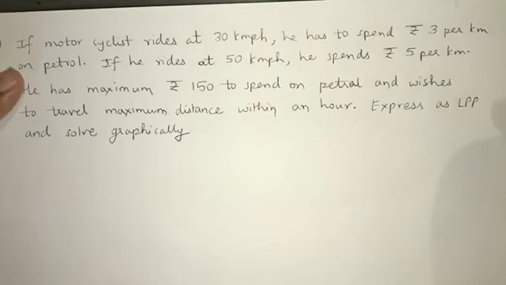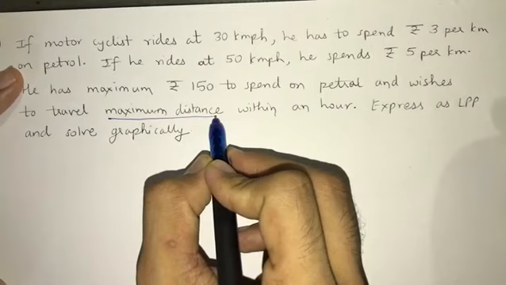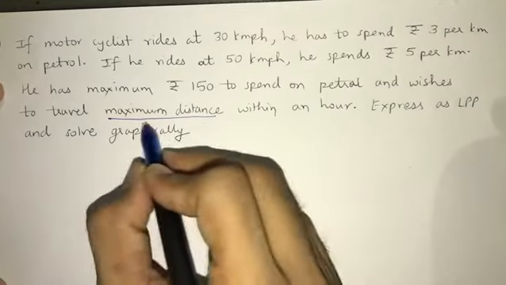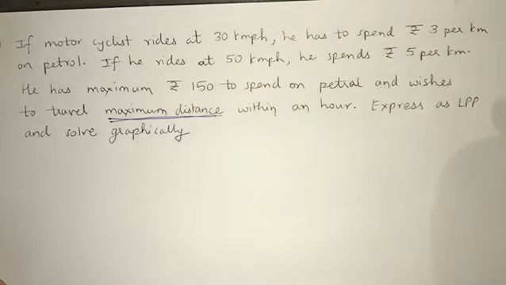Okay, so what do we have to maximize? We have to maximize distance. Identifying the decision making variables here is a challenge, and the hint lies in this: the objective is to maximize the distance.